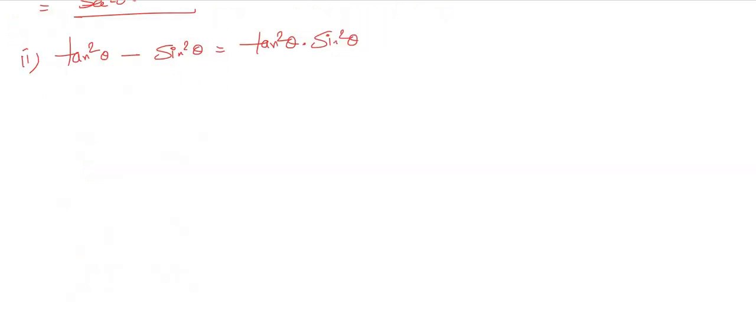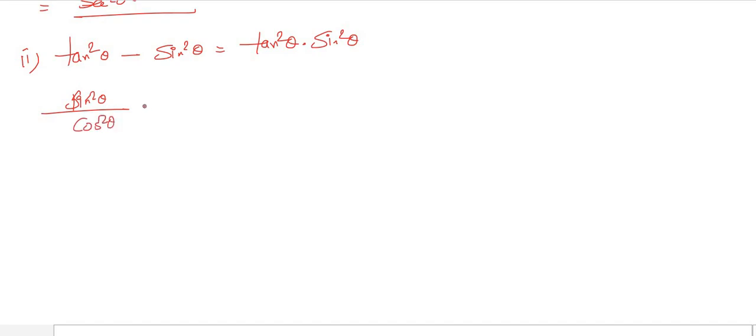Let's see the next question. This is the second part of the question. This is also a very easy question. Let's try to simplify it. Can I write tan square as sin square by cos square minus this will be sin square, correct? That's it.